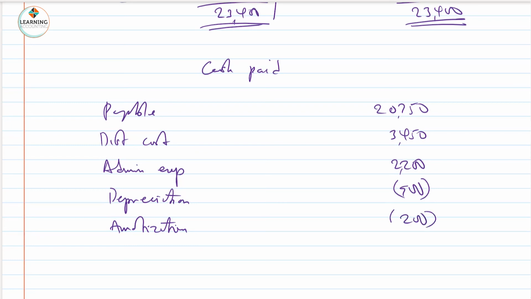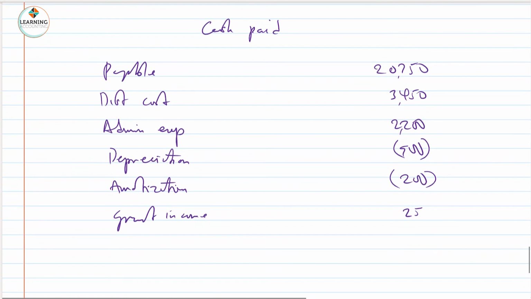We are taking it out because that's already been included. And something has also been deducted which we need to include back, and that is our grant income, which is 25. So we are adding this back because it has already been deducted. So this will give us the summation we need.